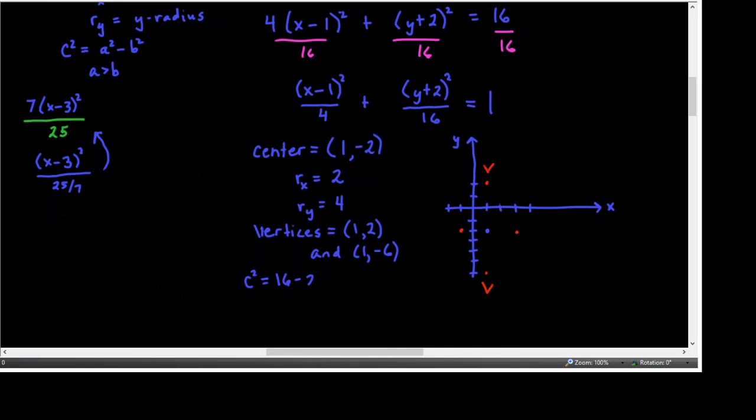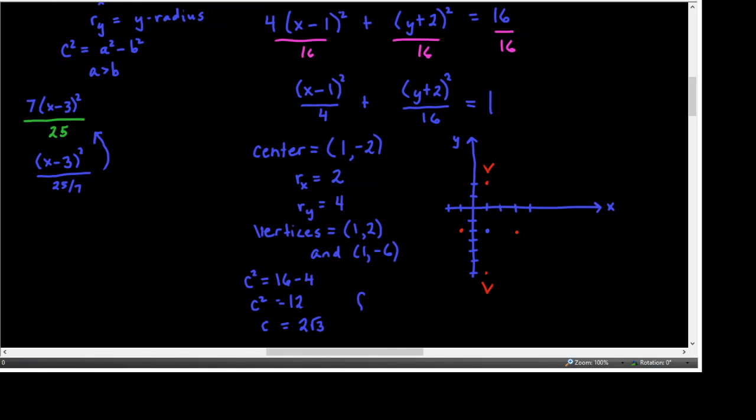Oops, well, I was going to write 2 squared, but I already squared the 4 to get 16, so I might as well square the 2 and write down 4. So 4 squared minus 2 squared, so c squared is 12. And so c is the square root of 12, which simplifies to be 2 square root of 3.